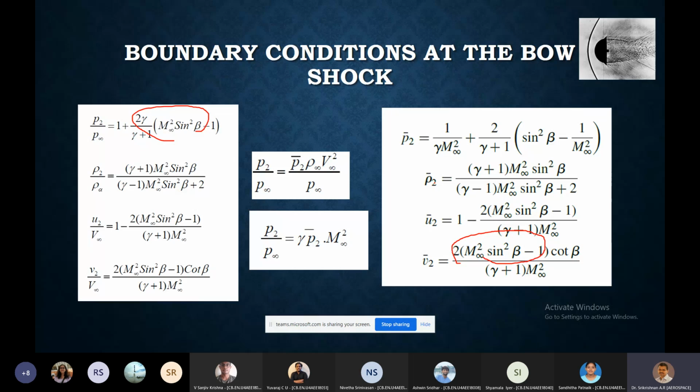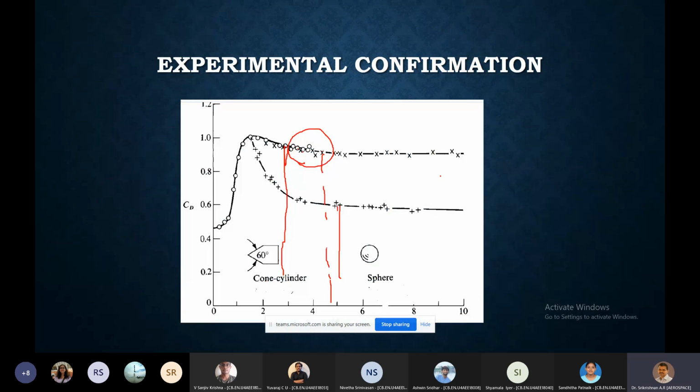Sine beta is certainly less than 1, and sine squared beta also, but the higher that value, the higher the product. So the term that we are trying to neglect when Mach number is infinity becomes higher when the wave angle is higher. So that's the reason why blunt bodies tend to be Mach number independent at a lower Mach number.